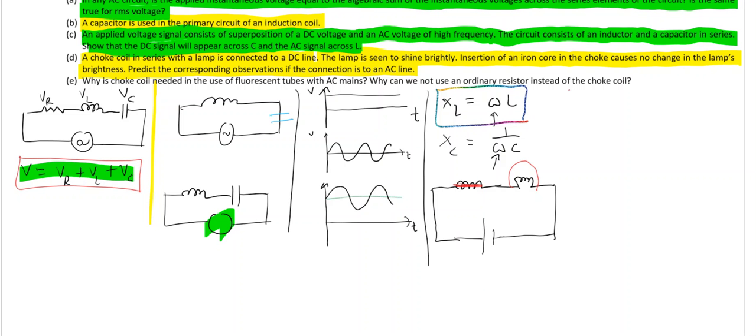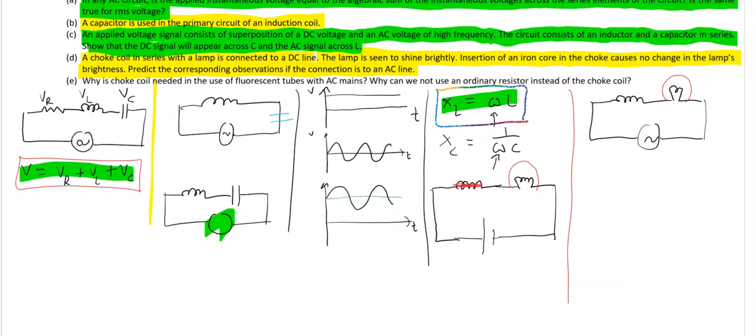On the other hand, think about a situation where this inductor and bulb combination, the resistor combination, is connected to some AC supply. What will happen then? In that case, this inductive reactance is important because you have omega present, and now if you insert iron rod here, you are changing XL.